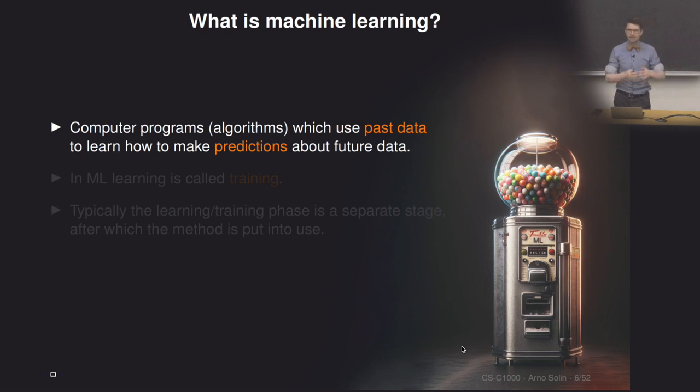I have a training data set with cats and dogs, but I want the method to generalize beyond the data that I show it, and also recognize cats and dogs that were not in the pictures used during training. In machine learning, the learning part is typically called training. You train a method.